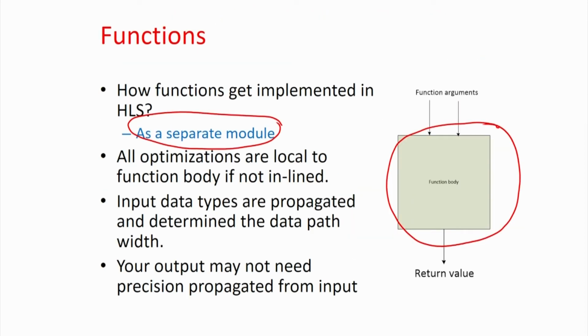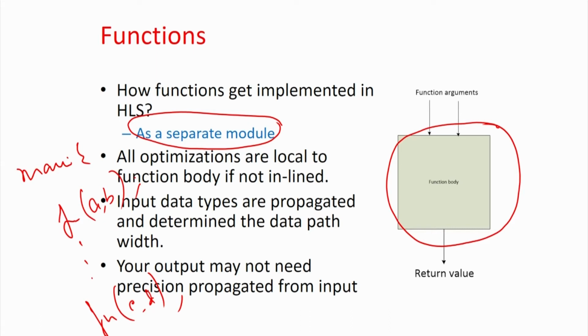Suppose this is your main, and you call a function fn for values a and b, and after some time you call the same function again for c and d. There is a lot of code in between. Most likely one module will be instantiated for the function fn, and this instance will be called.